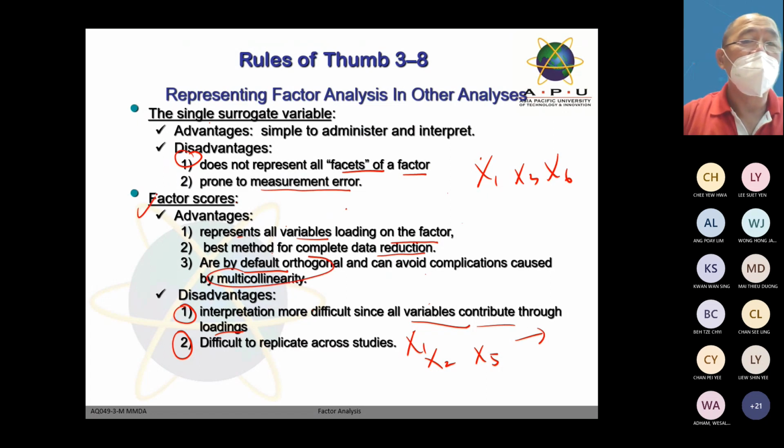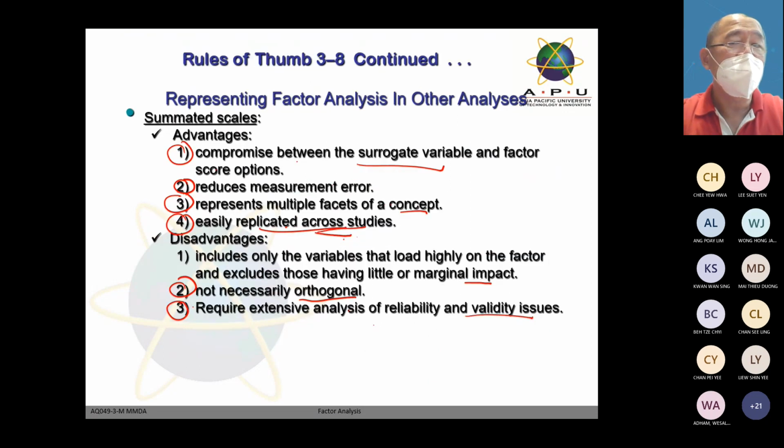Therefore, you had better use the factor score, because it can avoid the problem of multicollinearity. But if you worry that the factor score may not be easy to interpret, then better use the summated scale. So it depends on the case, depends on the situation, and you can discuss in that way.